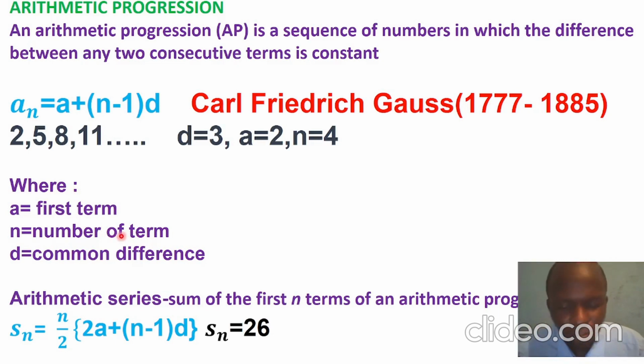And then d is the common difference, the difference that is common. When you apply this formula, you're going to get the next number.